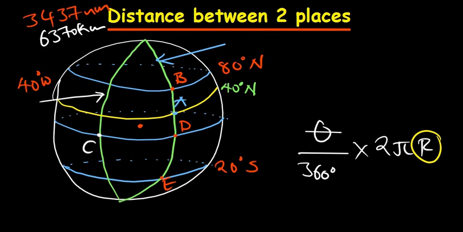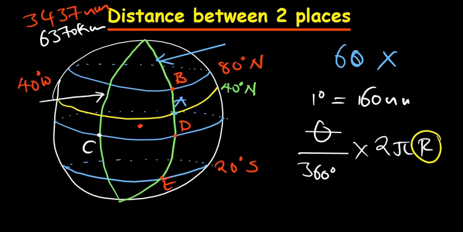Okay, that is one formula. The other formula is where we apply the use of nautical miles, where the distance is given as 60 multiplied by whatever degrees you have. The understanding here is that a degree is equivalent to 60 nautical miles.